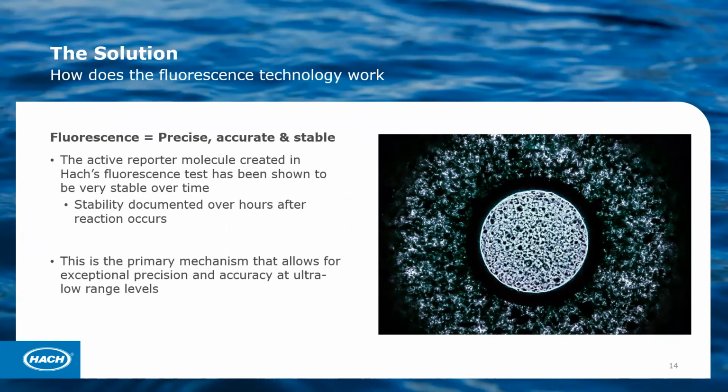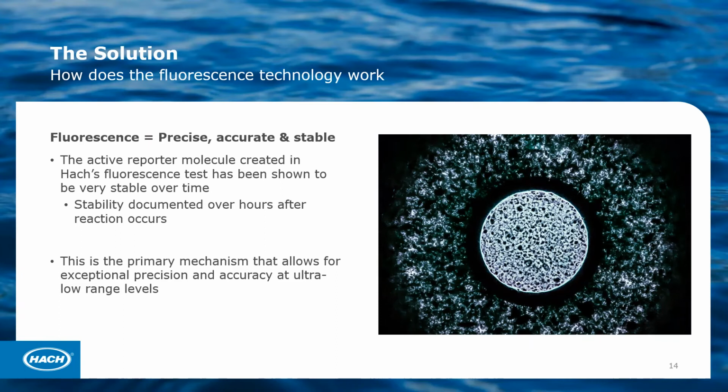That active reporting fluorescent molecule has been shown to be incredibly stable, and that is what allows us to analyze things like chlorine, which change very quickly, especially at ultra low range concentrations, with high accuracy and precision.